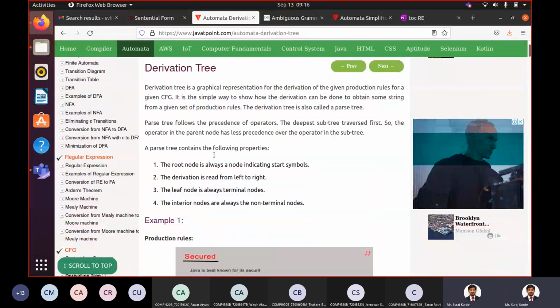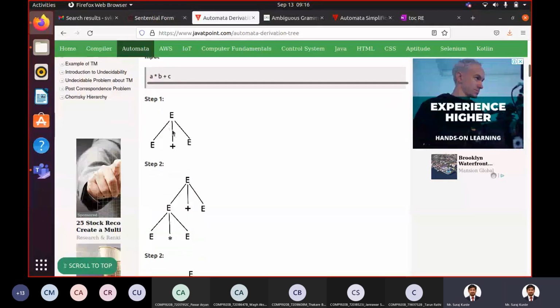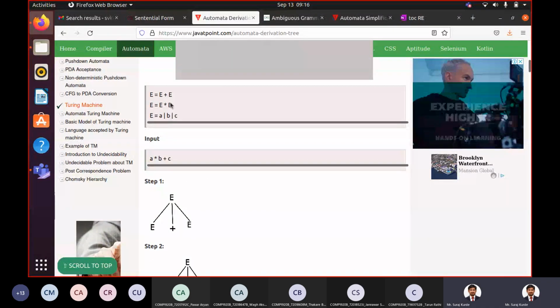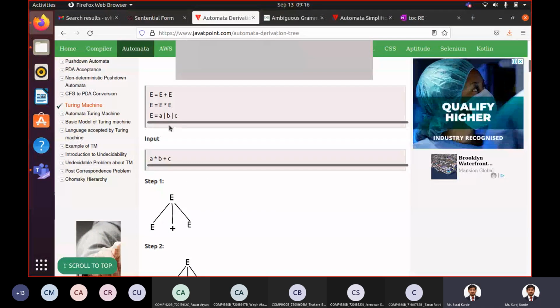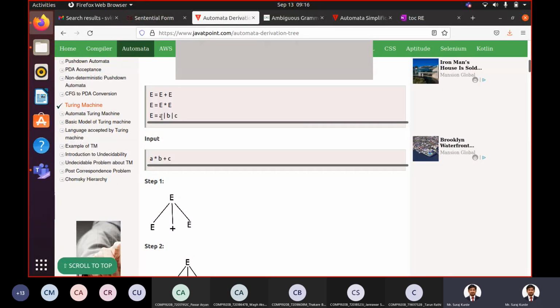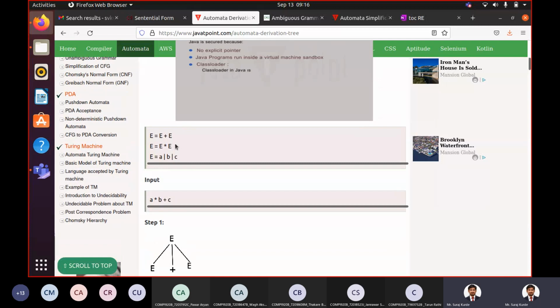This is what a derivation tree and parse tree are. The same is represented here. E has some productions: instead of a single terminal from E, it is A, B, C, to generate the string A into B plus C. Try to solve this one.